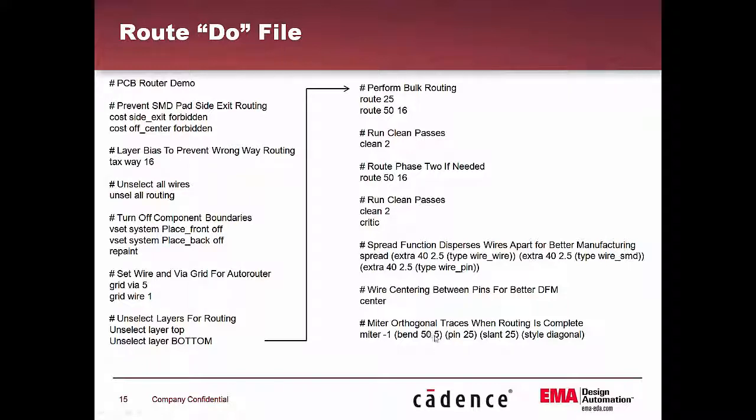I have a 25 mil exit before it creates a 25 mil, 45 degree. And also any 45 degree slants in the actual traces, I'm telling it that's what I want for my beveling.